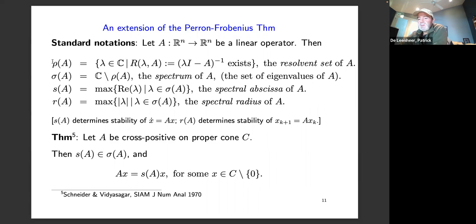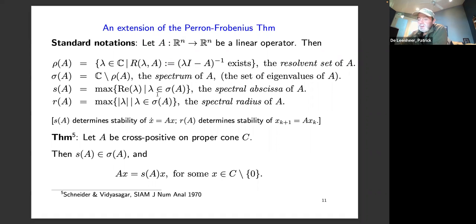The resolvent set is just those complex numbers so that this operator, lambda I minus A inverse, exists. So that happens, of course, we know when lambda is not an eigenvalue of the matrix A. The spectrum is the complement of the resolvent in the complex plane. The spectral abscissa is really the maximal real part over all eigenvalues.